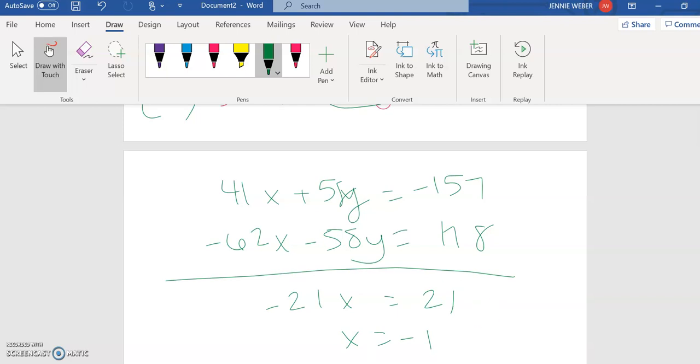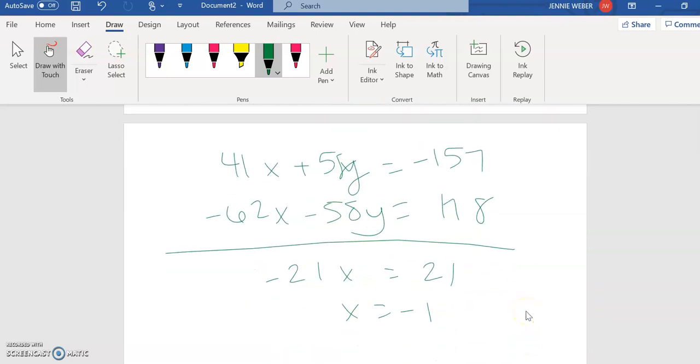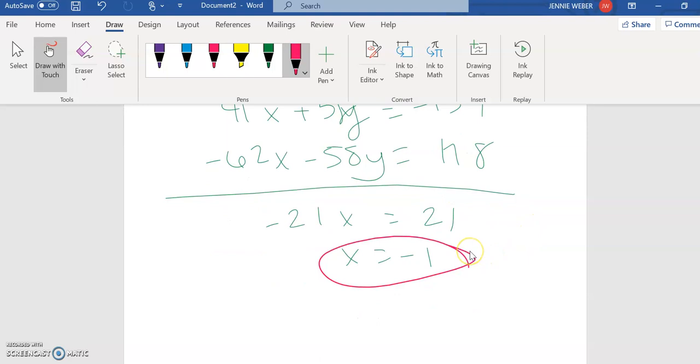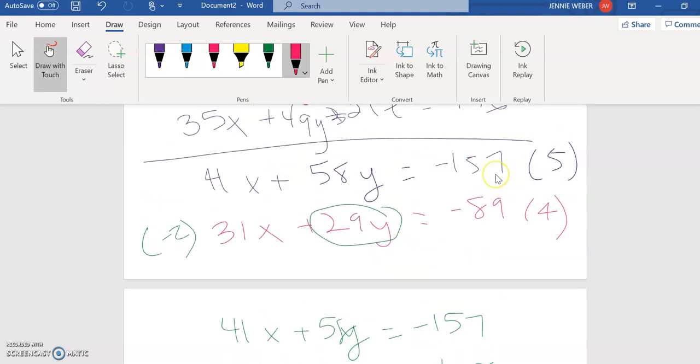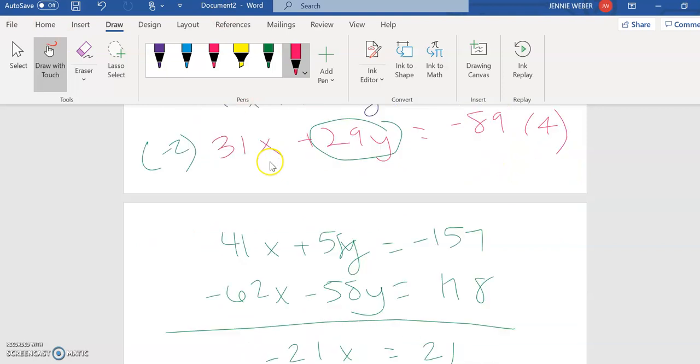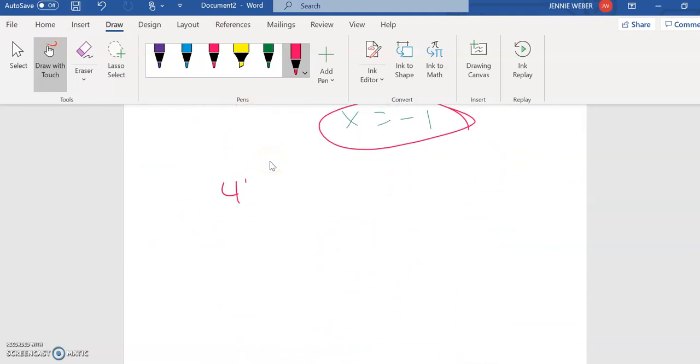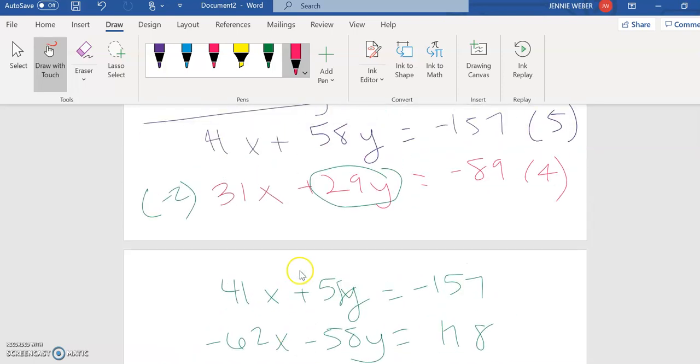Now I'm going to start back solving. So I want to take this and I want to plug it into either equations 4 or 5. Don't go back to 1, 2, or 3 because I only have one variable. I want to find that y, so I want equations 4 or 5, which is in terms of x and y. So I'm going to do 41 times -1 plus 58y equals, so I'm just doing equation 5 because it was on the top.